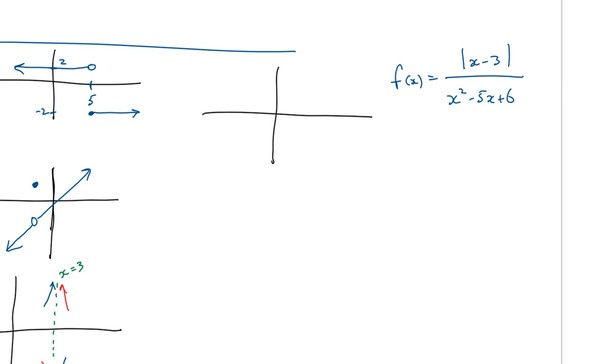So this has a vertical asymptote, and I think it goes like this, and then it goes like this at, this is 2 and this is 3.